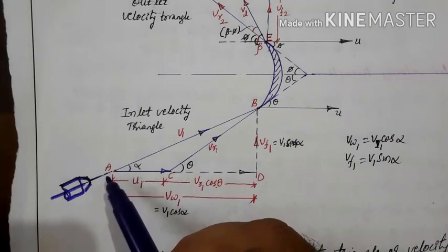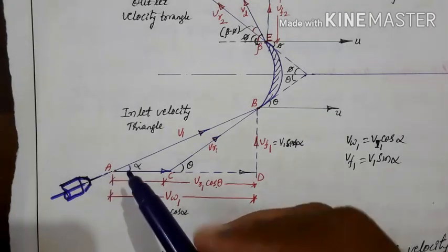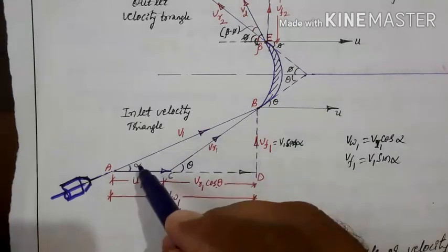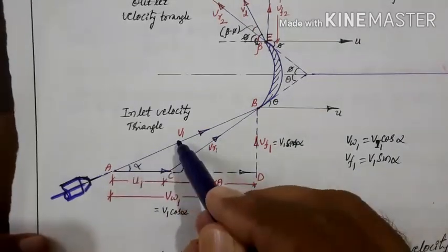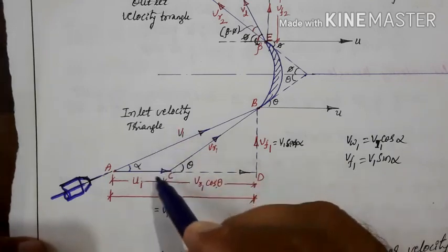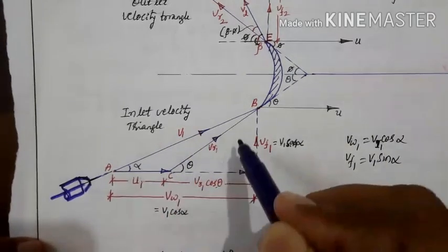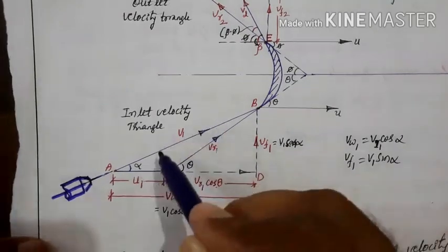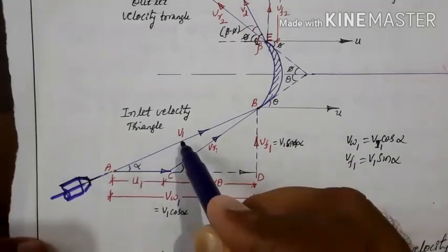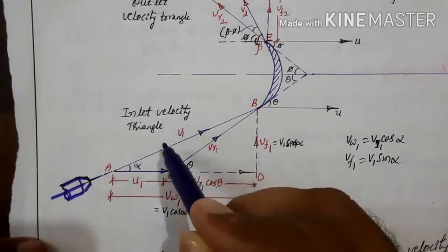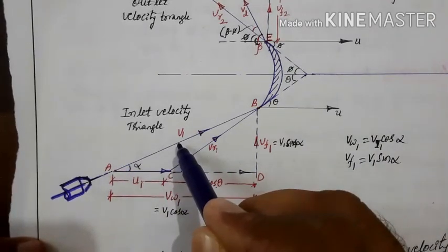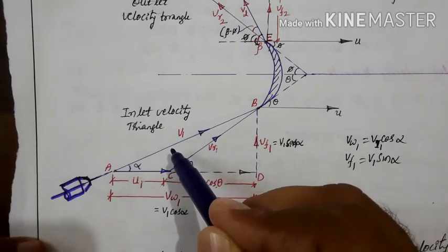Through the nozzle, the fluid is coming out with some velocity. That velocity, let us take it as v1. Since this is happening at the inlet of the blade, let us consider the velocity also v1, that is for the inlet velocity triangle. So this v1 is nothing but the absolute velocity of the jet.